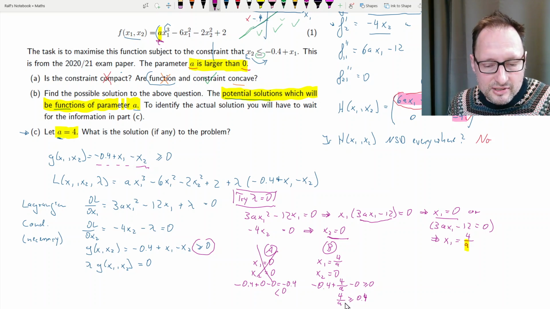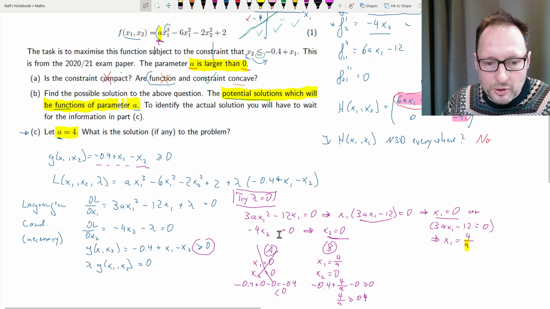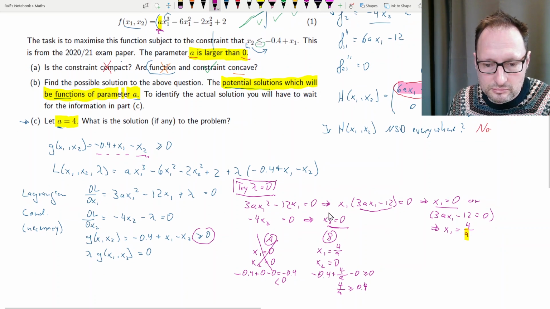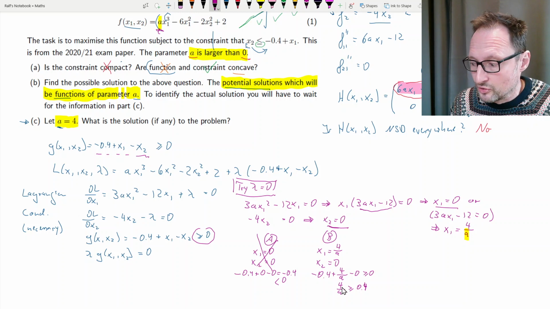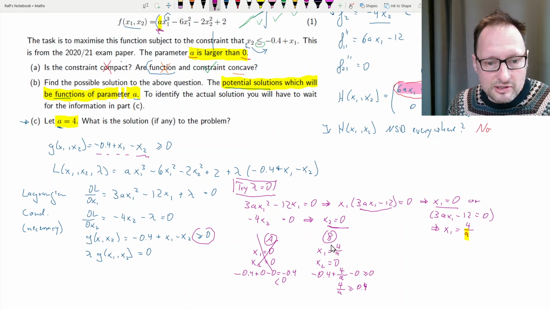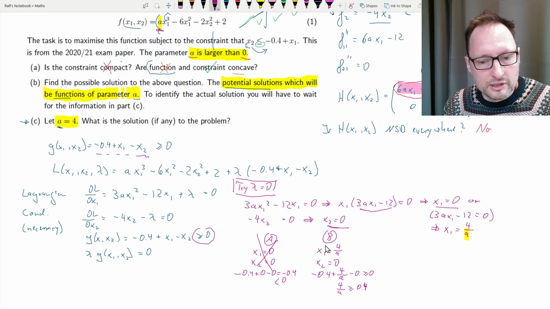If that a is smaller or equal to 10, then this point B will be allowed. But if a, for instance, was 100, we would actually get 0.04, and that would not be larger than 0.4. So whether point B is allowed or not will depend on the a.